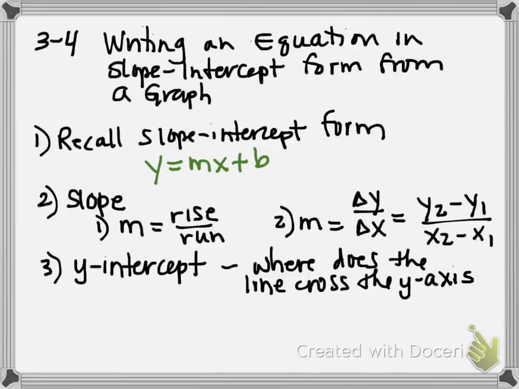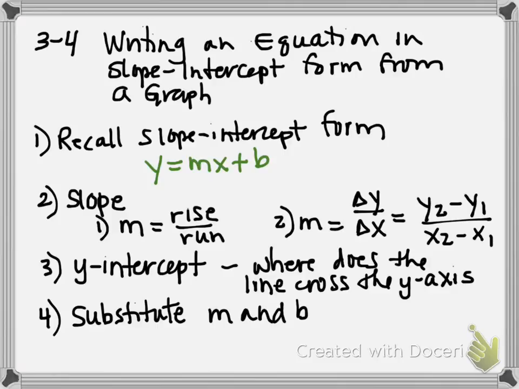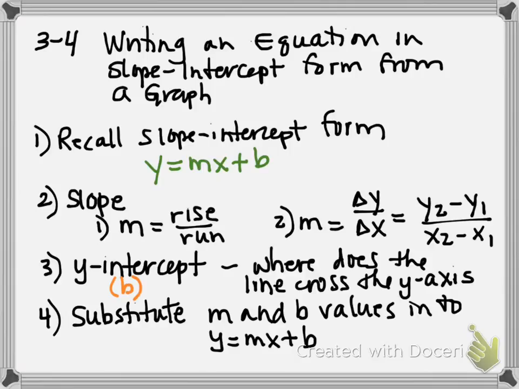So where our line crosses the y-axis, and I'm going to tell you right now in all the equations we're going to give you, there is a distinct integer point where the line crosses through, okay? And then next thing you're going to do is substitute the m and b values into y equals mx plus b. And that's it, and you're done. Okay? Let me just add one little thing back to y-intercept. Remember, he's the b value.